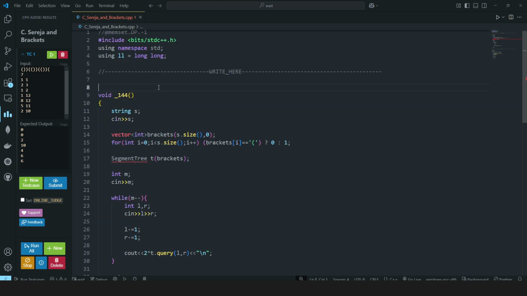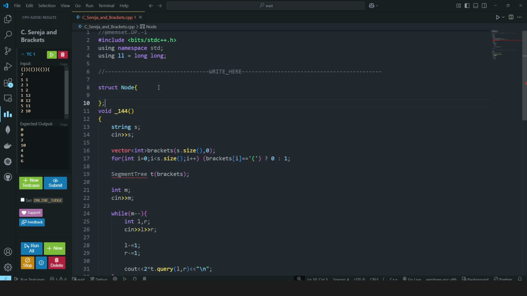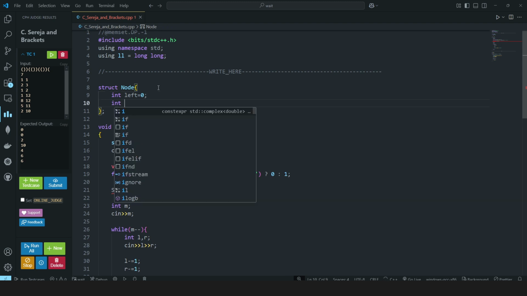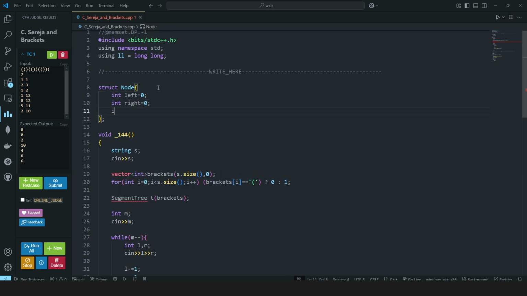As I told you, each node will store 3 values. For that I will declare a struct of node, like this, and it will contain 3 values, right? The first variable will be my left, the second variable will be my right, and the third variable will be the result for that range, which is 0 here.